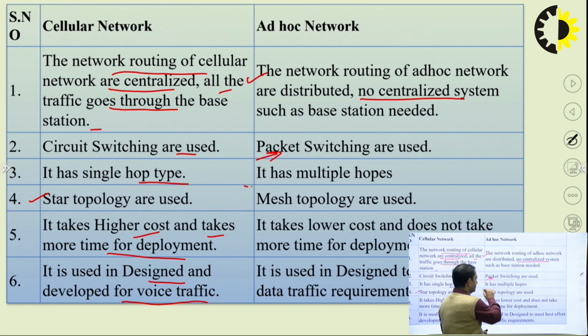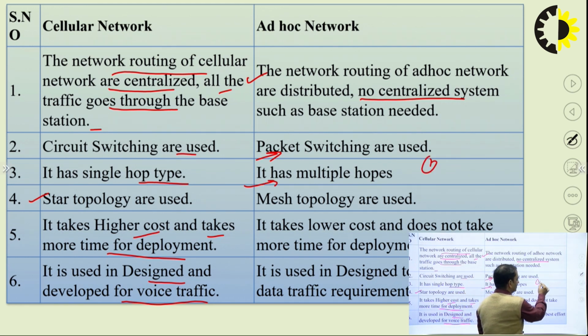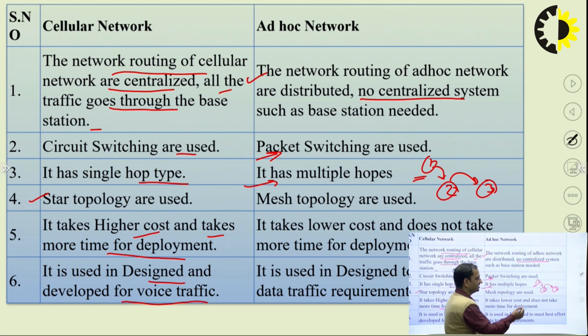It has multiple hops. As I said, if we have node number 1, node number 2, node number 3, and node 1 wants to communicate with node 3, it has to hop from 1 to 2 and then 2 to 3. So this is route discovery in the case of the ad hoc network.